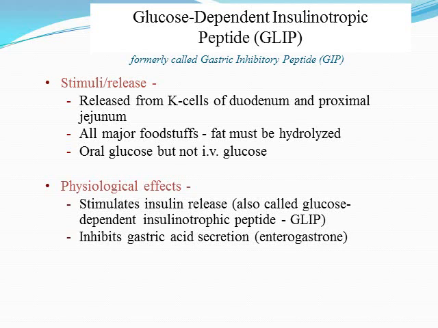And it allows for release of insulin to help take up that glucose that has been absorbed, or that needs to be absorbed. And it inhibits, as you can see, gastric acid secretion, another feedback loop back to the stomach. So as the name implies, glucose-dependent insulinotropic peptide, it is dependent on glucose and causes the secretion of insulin to allow for the uptake of glucose.